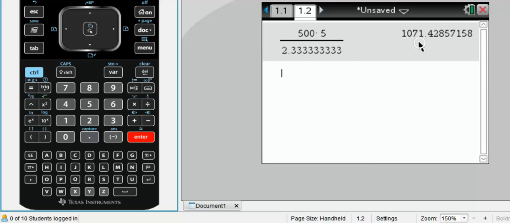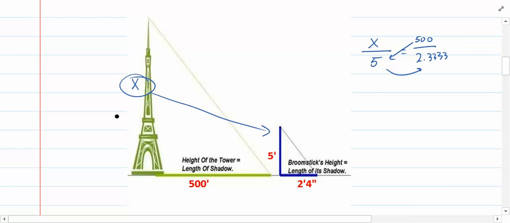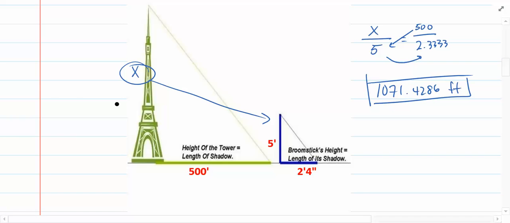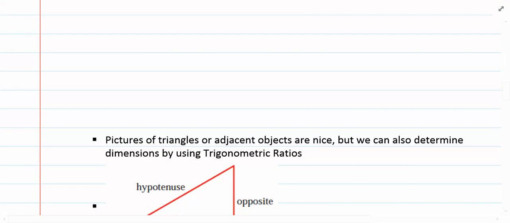This comes up to 1071.4286 feet. And that would be a pretty good approximation. I think the actual Eiffel Tower is 1,063 feet, if I'm not mistaken. So again, pretty good approximation using the pieces that we know.